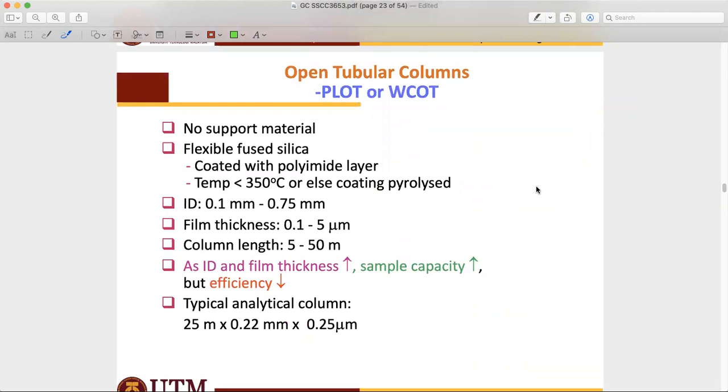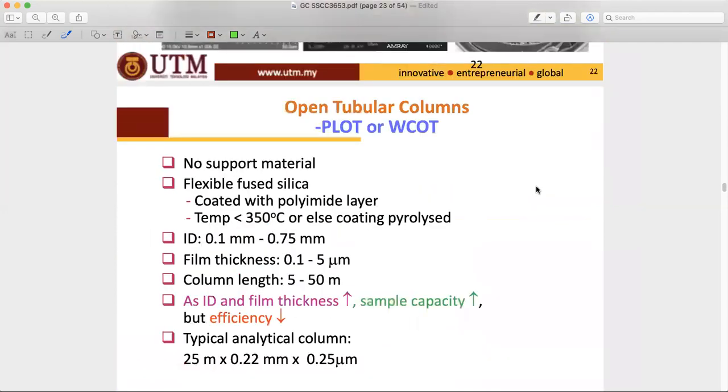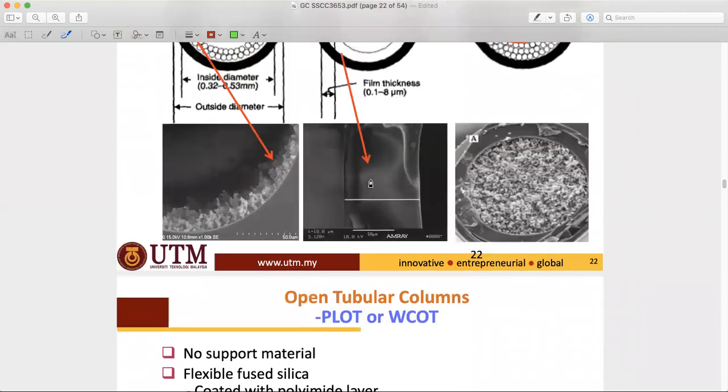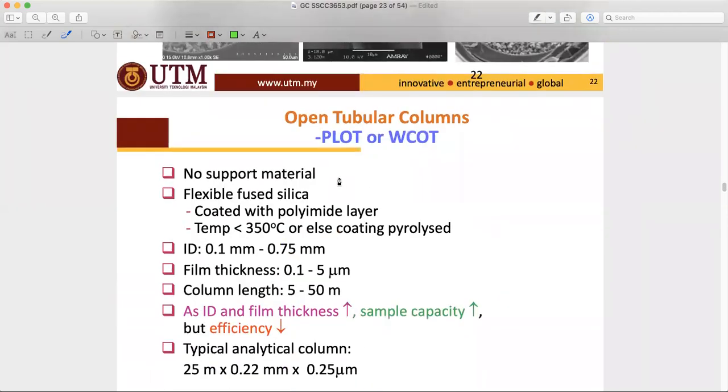Okay, so open tubular columns, PLOT or WCOT, have no support material. They use flexible fused silica, which is coated with polyimide layer. The temperature for the column must be lower than 350 Celsius.